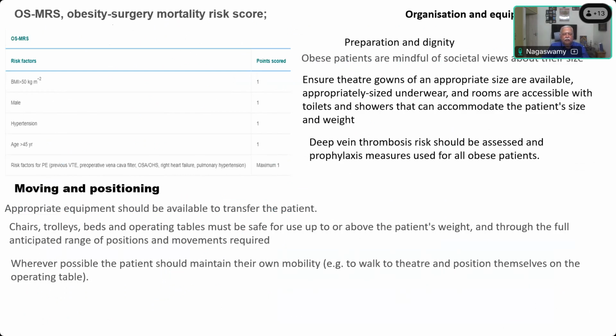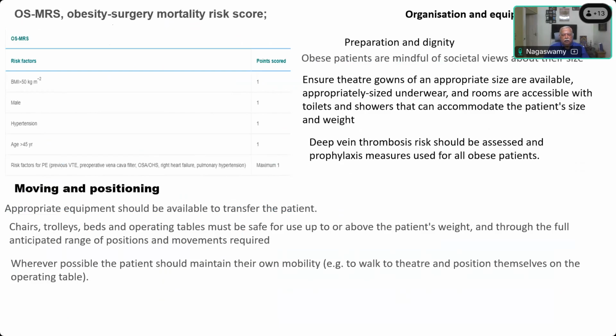At that time, Miller's first edition came into the market, and in the neurosurgery chapter, they mentioned that you can do awake intubation in a patient like this with morbid obesity, and ask the patient to turn and lie in the prone position themselves and then induce anesthesia and continue with the GA.